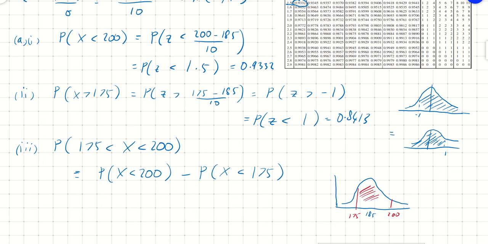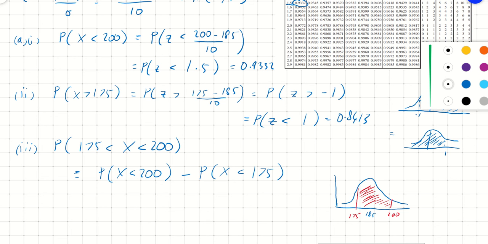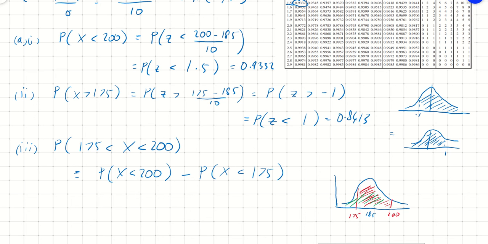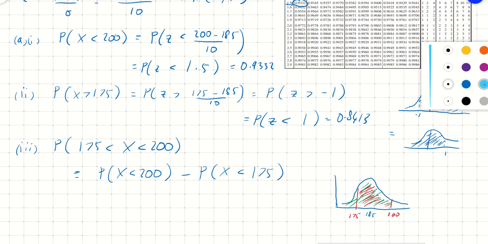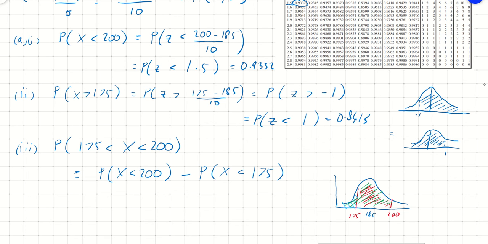So I want this area. And just looking at that graph, that's the same as the area that is less than 200, take away the area that is less than 175. So it's the area that's less than 200, which is this green area, take away the area that's less than 175, which I'll put in a different color, blue. Okay, it's a little bit hard to see on that graph, but hopefully you get the idea.